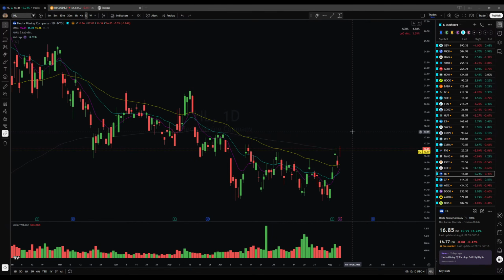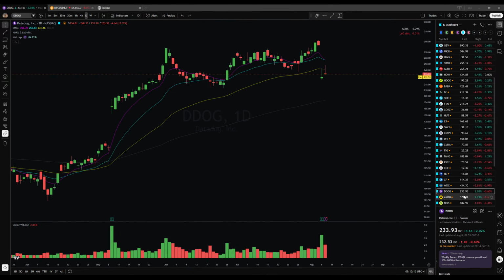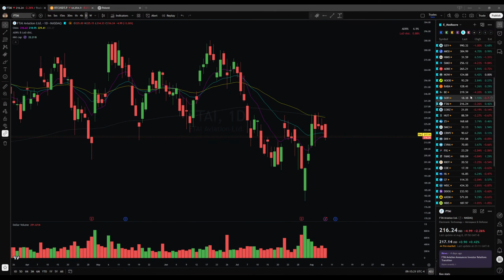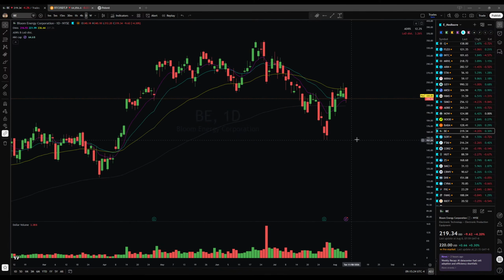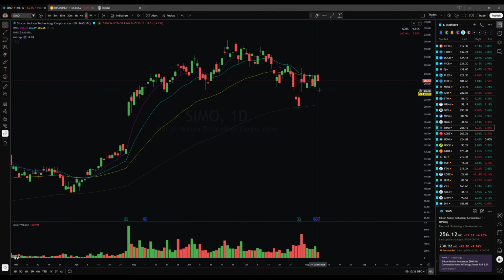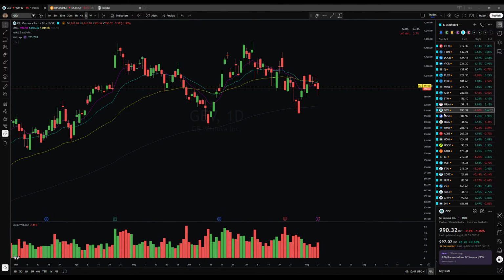As I'm focused on the long side, to me, I don't think today is a very good opportunity for buying into strength, because when those stocks are going higher, like SIMO, when they're rallying into the highs, they're gonna face resistance, and this MKSI as well, this GEV as well.